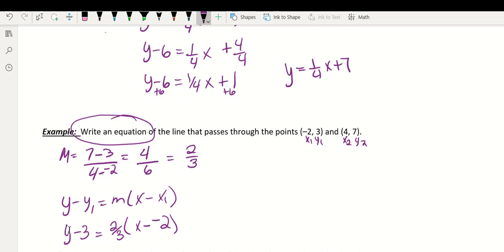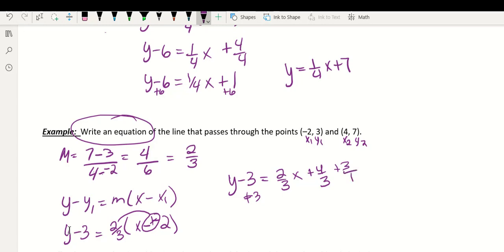So just as we did before, we have to distribute the slope. So this should give us y minus 3 equals 2/3 x. And then two negatives here make a positive, but 2/3 times 2 gives me a positive 4/3. Then we need to add 3 to both sides. Okay?